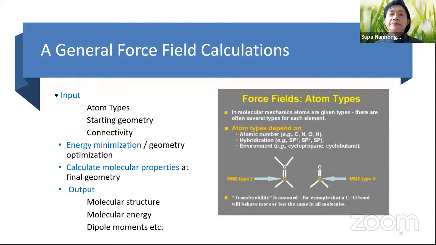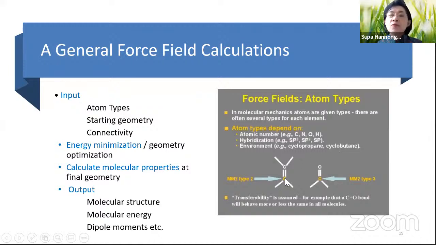chemical structure. And this slide is about force field atom types. In molecular mechanics, atoms are given types, and there are several types of each atom. For example, you can have carbon, nitrogen, oxygen, hydrogen, hybridization like sp3, sp2, sp, and environment like cyclopropane or cyclobutane.